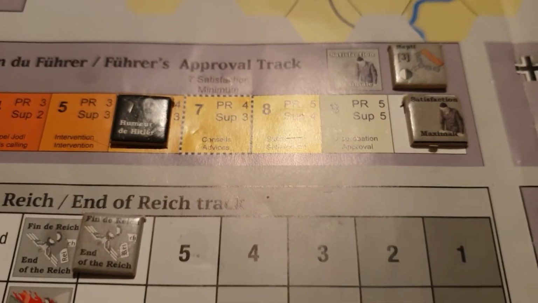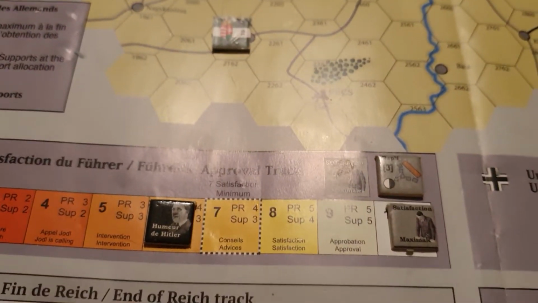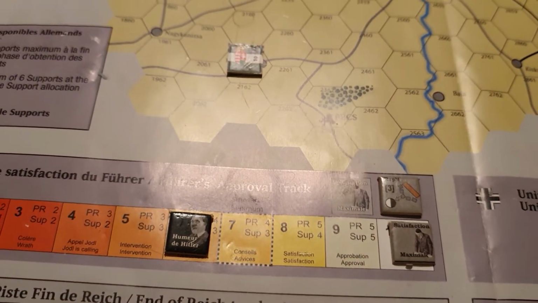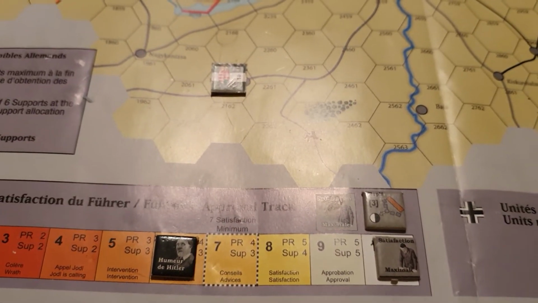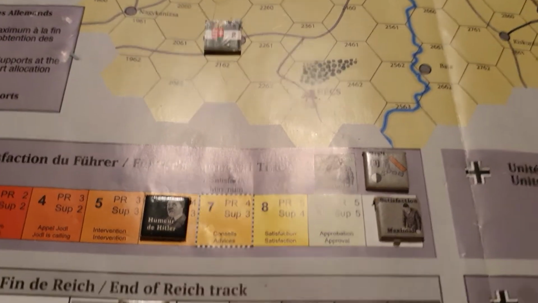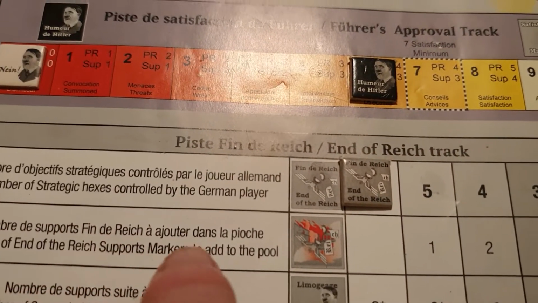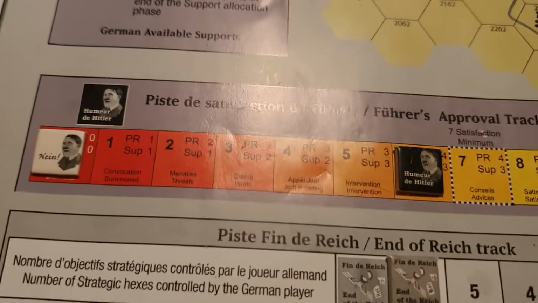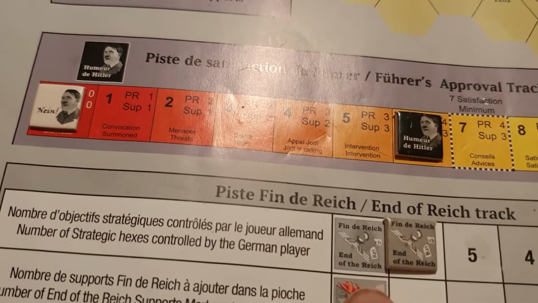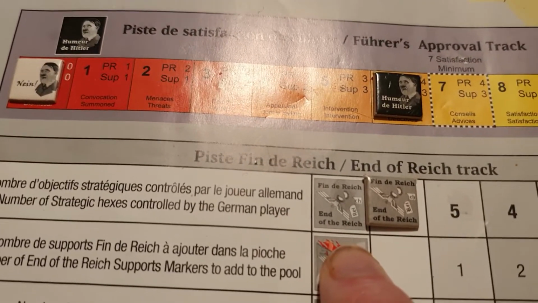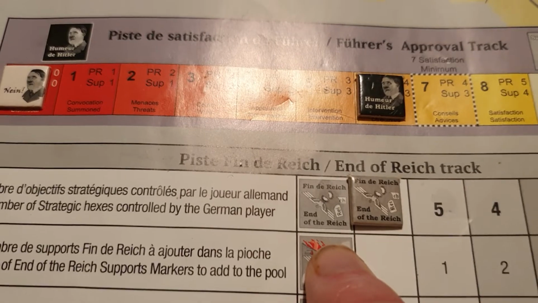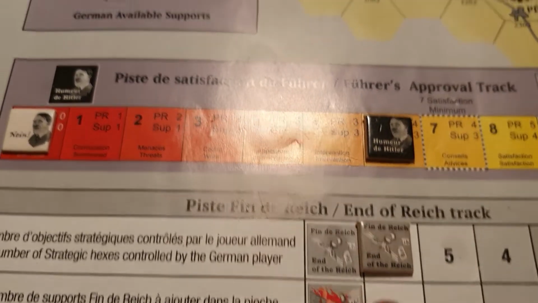They are stated quite clearly in the rules, and as you start losing them, you're moving along this track. And as Germany gets more and more desperate, it will start using these like Reich support markers, which are really last ditch stuff like Volkssturm units armed with Panzerfaust or whatever.